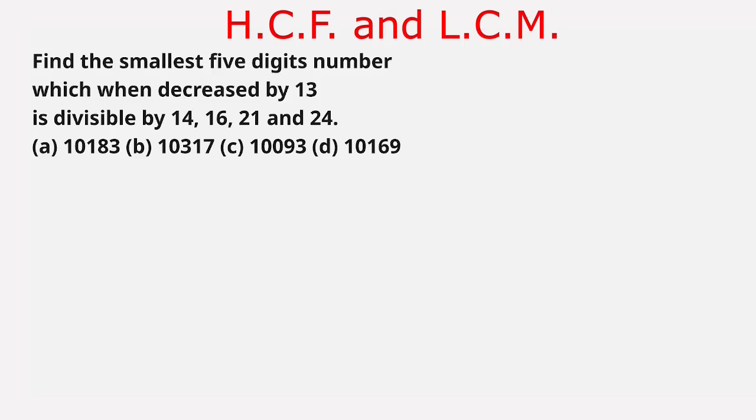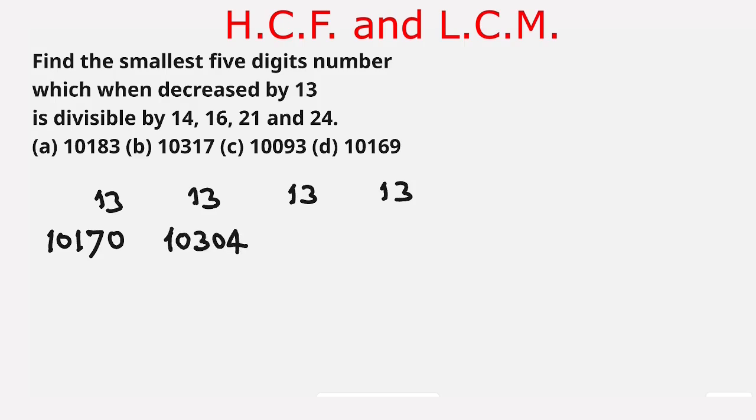We'll first solve it from the given options, as the number has to be decreased by 13. So we subtract 13 from each option. On subtracting 13 from 10183, we get 10170. On subtracting 13 from 10317, we get 10304.